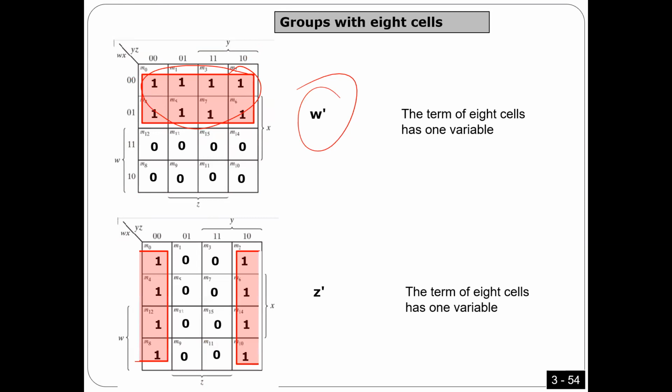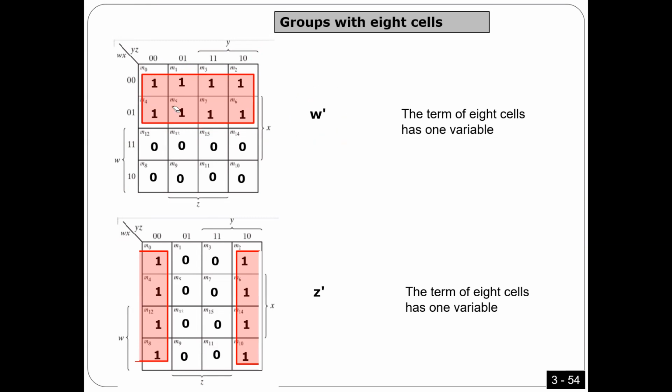Okay. Now I'm going to move to groups of 8. Okay. I'm going to show different cases for groups of 8. So we have these 8 together here. I can take these 8. In the case of 8, it's a very big group. Okay. This term can have only one variable.